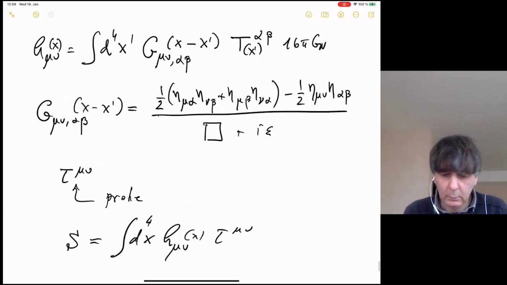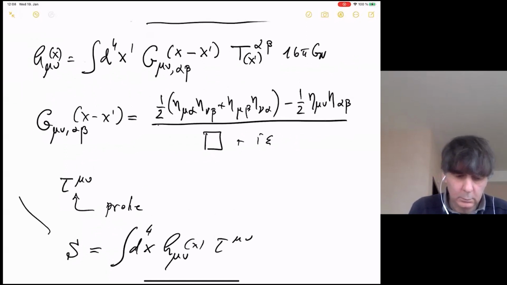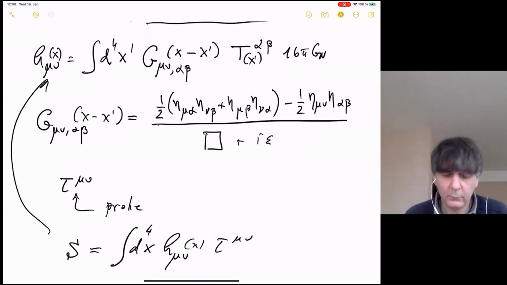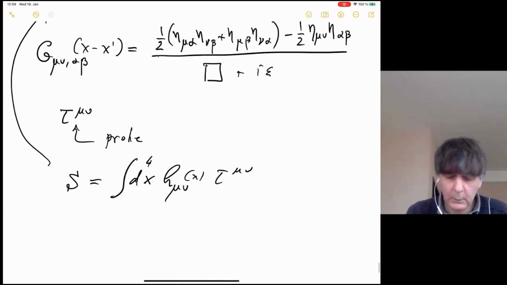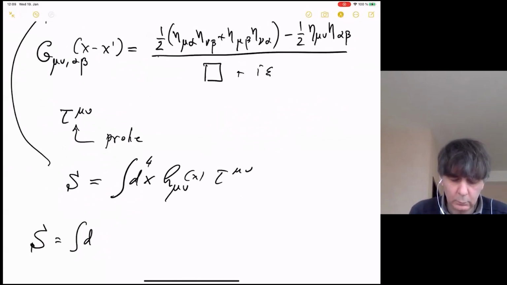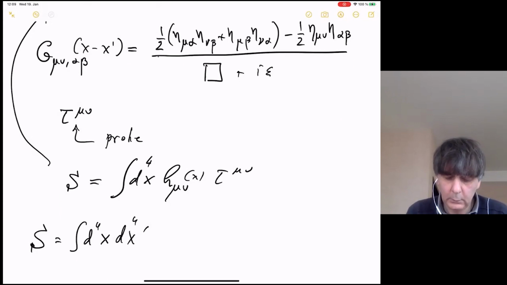But now, taking into account this form of the gravitational field produced by the source, we can see that this effectively reduces to the following expression, right?